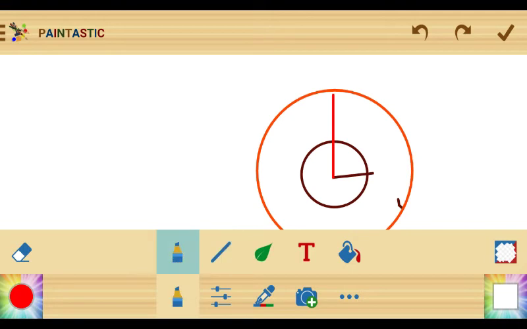The radius of the outer one is R1, as we have seen, and the inner one is R2, if you remember.